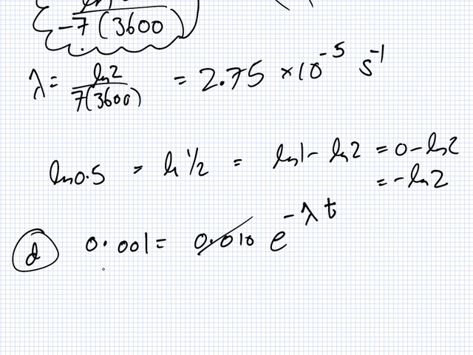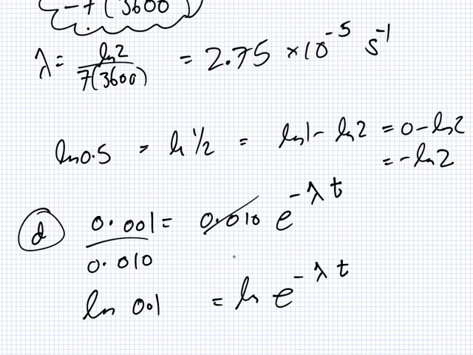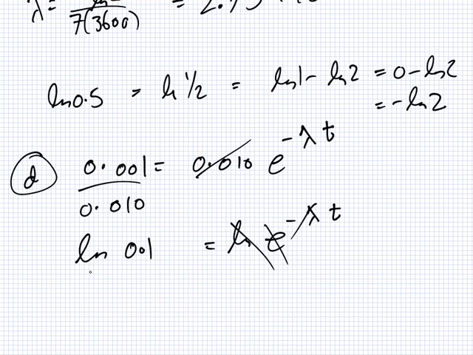So if we divide by 10, we'll get 0.1 equals e to the minus lambda t. What should I do now? Log and log. Cancel, cancel. Divide by minus lambda. Again, by the same trick, this becomes log 1 over 10, which becomes minus log 10.